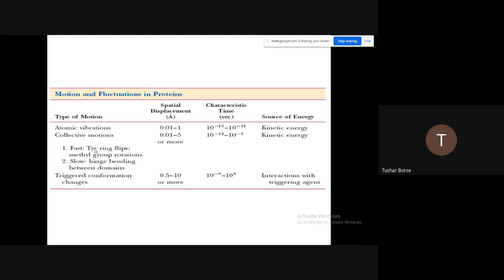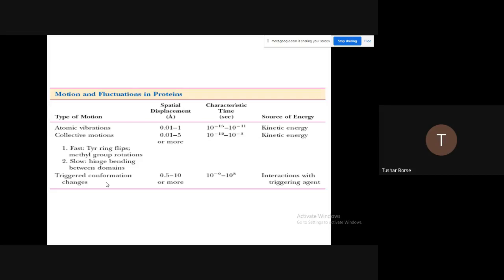And for both these types of motions, the atomic or the collective motions, you simply require the kinetic energy which is present within the molecule when the interaction takes place. In addition to these two types of motions, the third type is called triggered conformational changes. The example I can take is glycogen synthesis, where I told you that phosphorylation and dephosphorylation change the nature of the protein, means you are triggering.